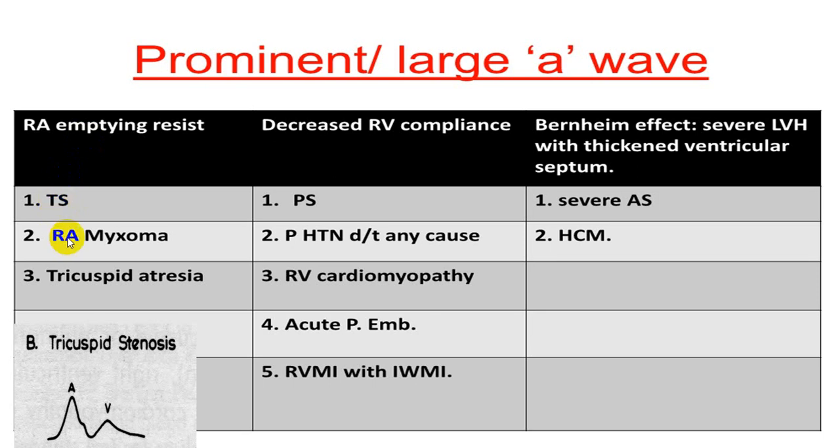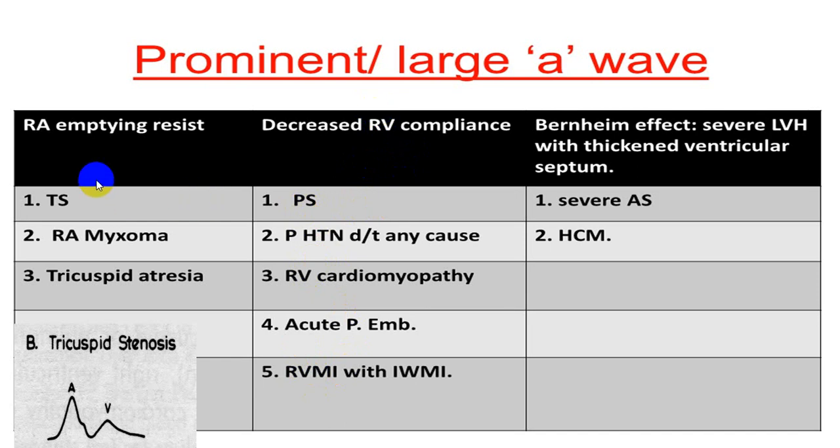This is not a common condition. We call it a right atrial myxoma, and a congenital anomaly called tricuspid atresia. So this will produce a really giant A wave. And also you will be getting it if right ventricle pressure gets elevated, in case of pulmonary stenosis, pulmonary hypertension, acute pulmonary embolism, right ventricular MI, and RV cardiomyopathy.